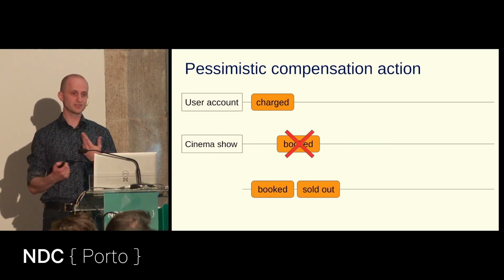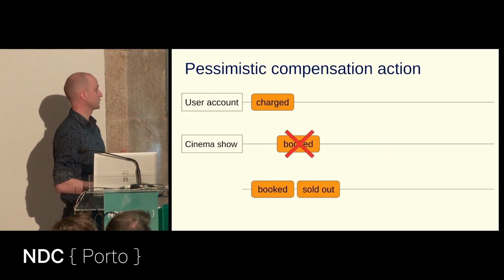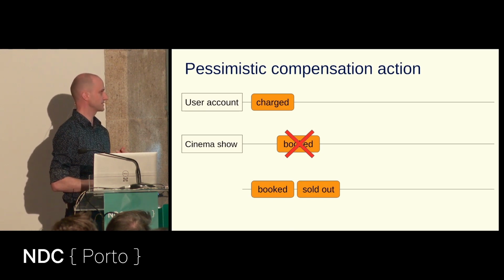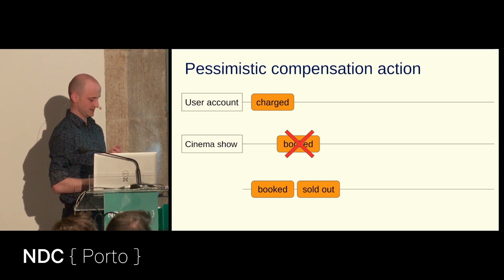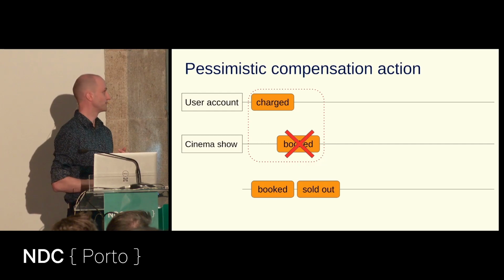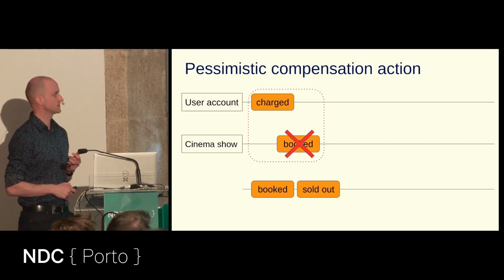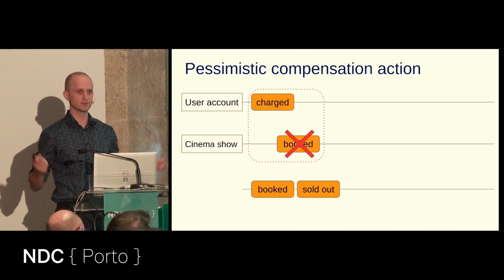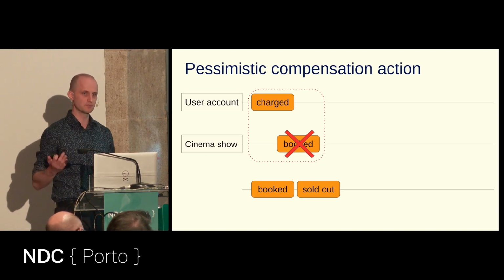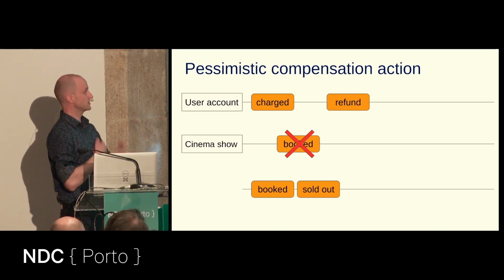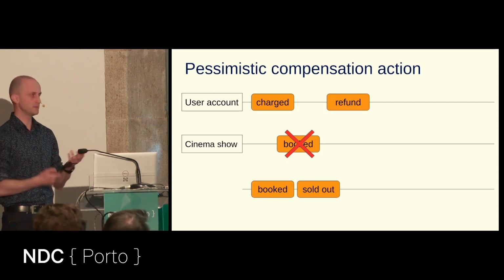Unfortunately, our application is used by many users concurrently, so right after charging the first user, another user can book that last seat. So it would be nice to have a transaction here. No. Just look at it as two separate microservices. We know that a transaction between two microservices is painful, so the same story applies here. And we just need to apply compensating actions, so refund the money.